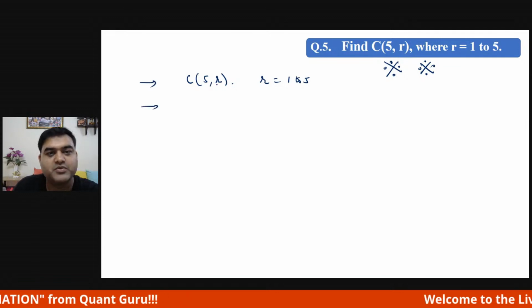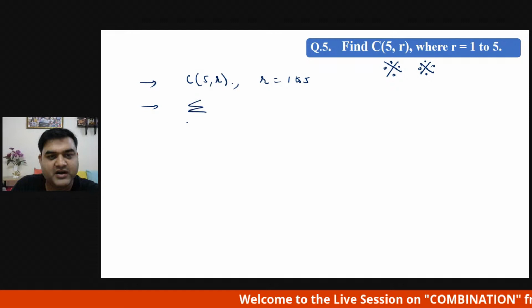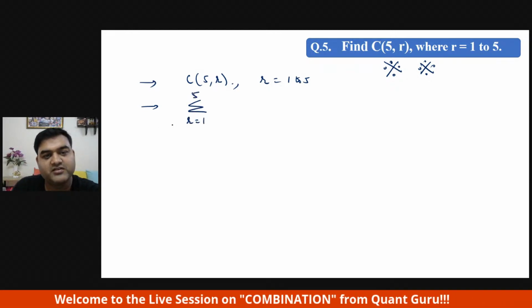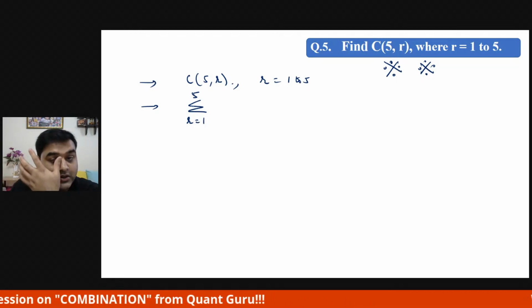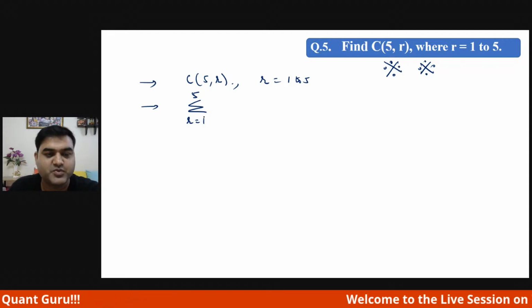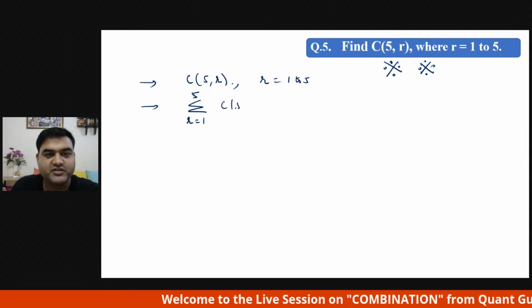Another way of questioning will be if R is equal to 1 to 5, correct? R ranges between 1 to 5 and this is a summation. Okay, find R. This was the question: when the summation of R is equal to 1 to 5, find the value of C.